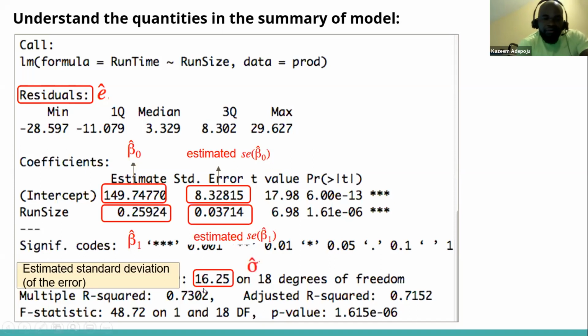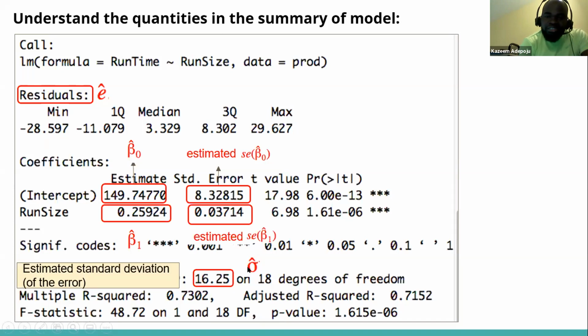Now, take a look at this one, 16.25 right here, because everything here comes as a regression output when you make use of R. The value here is the estimated standard deviation of the error. This is sigma cap.